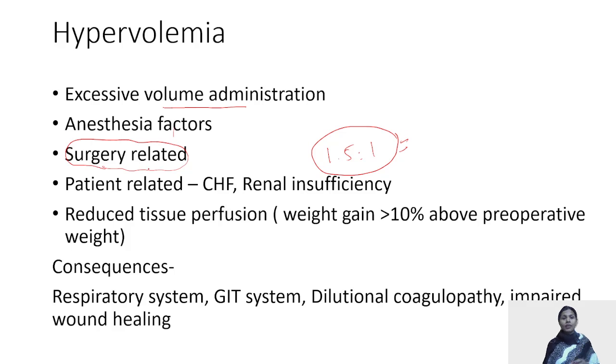It has been seen, and this is a value that you all have to remember for your MCQs, that when we say there is a fluid overload in a patient, the weight gain of the patient is more than 10% above the preoperative weight postoperatively. Immediately postoperative, you take a weight and if it is more than 10% of the preoperative weight, then we can imagine that this could be the scene of hypervolemia.